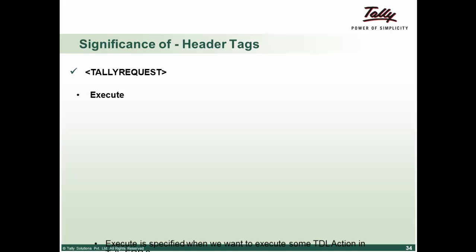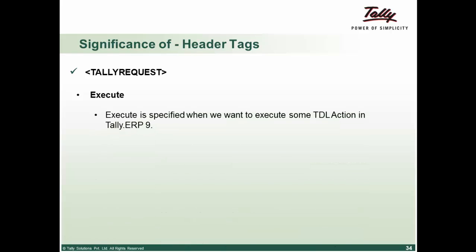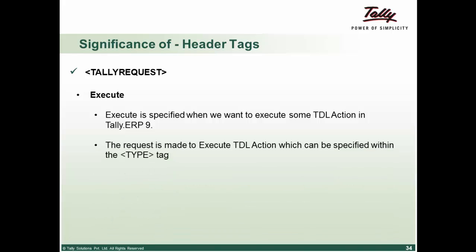Then we have the execute value. It is specified when we want to execute some TDL action in Tally.ERP 9. The request to execute a TDL action can be specified within the type tag.